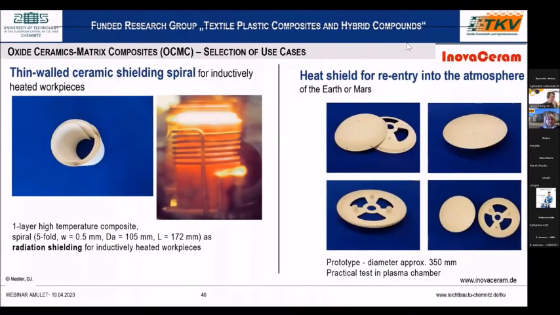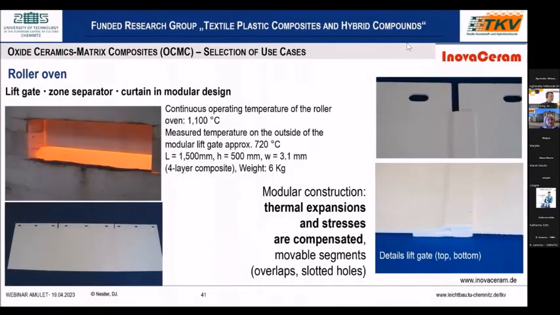Or here, a thin-wall ceramic shielding spiral for inductively heated workspaces, or heat shields for re-entry into the atmosphere when I come from Earth or from Mars in the future. Here, a roller oven with gates, also in modular design. And it is interesting that the modular construction compensates the thermal expansion and the stresses with its movable segments with overlaps and slotted holes.